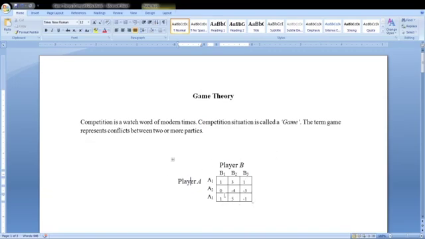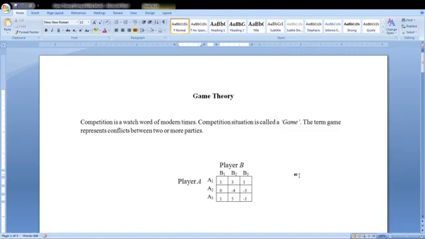Whenever they're playing any game, they have strategies. Imagine a game of football: both the teams will have some strategies to win the game. Similarly, in cricket, when two teams are playing, there are strategies which they adopt to win the game.